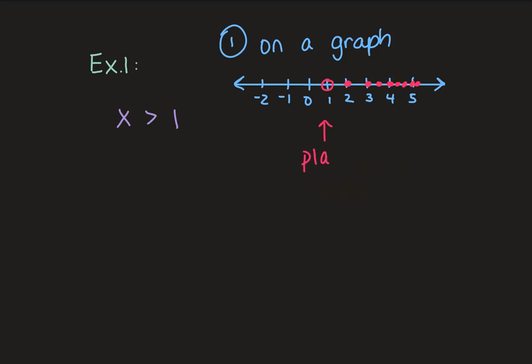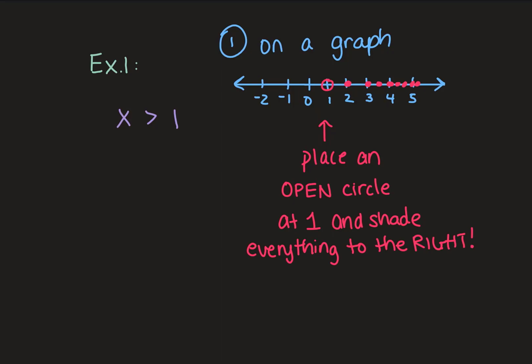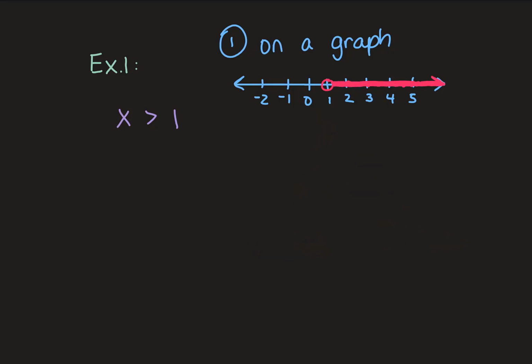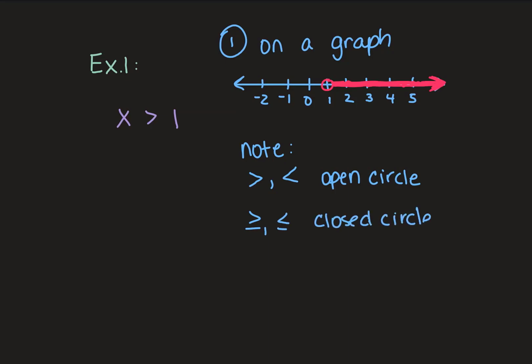We will have to place an open circle at 1 and shade everything to the right. Also, make sure to include this arrowhead at the end. And now this is the solution represented on a graph. Also note that for the greater than and less than symbol, we use an open circle. And for the greater than or equal to and less than or equal to symbol, we use a closed circle.